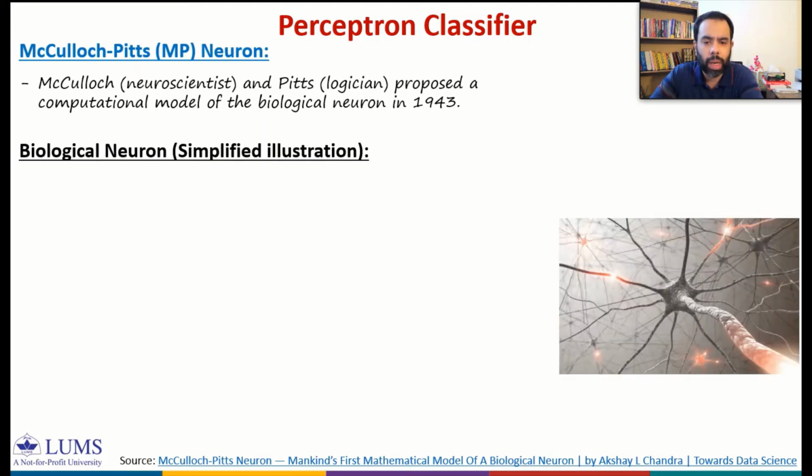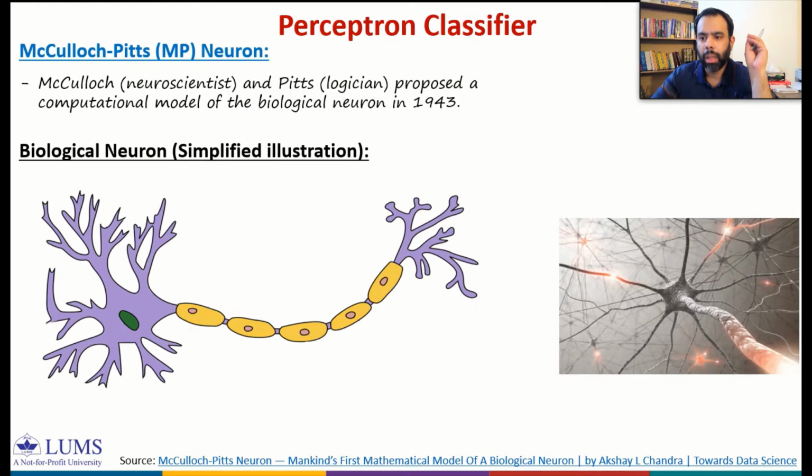In our brain or in our body, we have billions of neurons connected to each other, and we send the information that is sensed by our organs to the brain through these neurons.